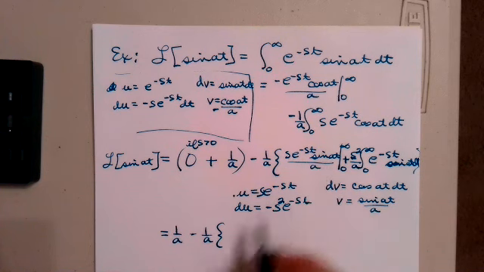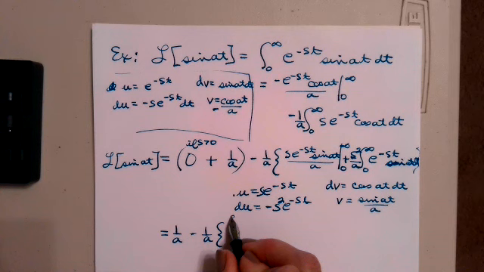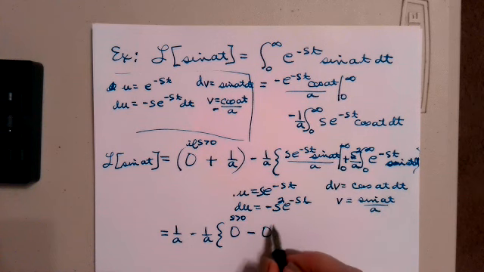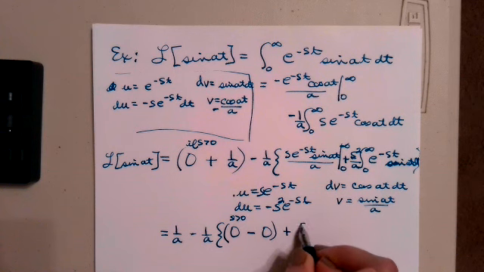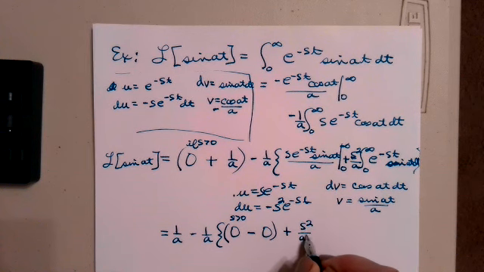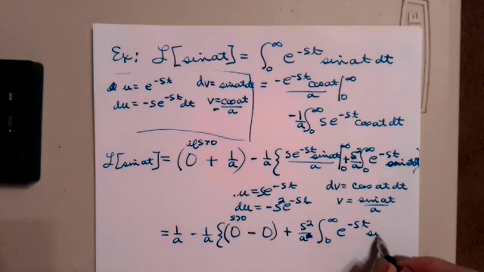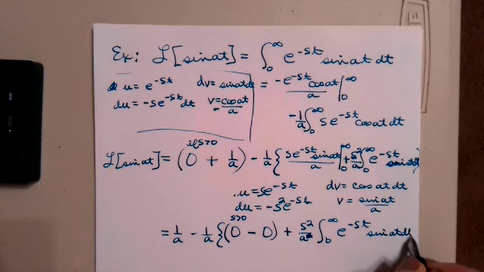And if you subtract the value at 0, so this is 0 if s is greater than 0, and then you subtract the value at 0, but at 0, sine is 0. Okay. And then I have a plus s squared over a squared times the integral from 0 to infinity, e to the minus st sine at dt.